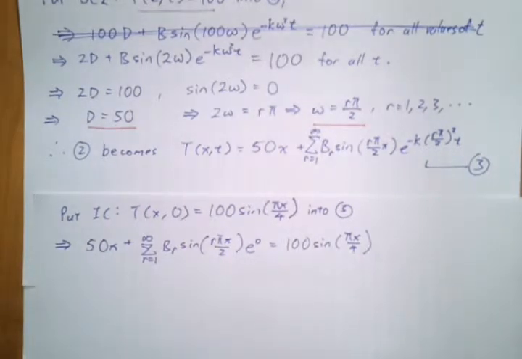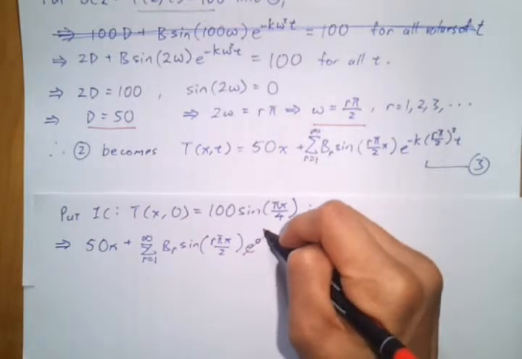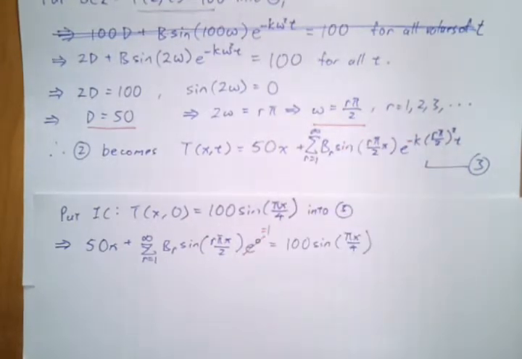So I'm going to put e to the power 0 as 1, and bring this 50x over to the right hand side.